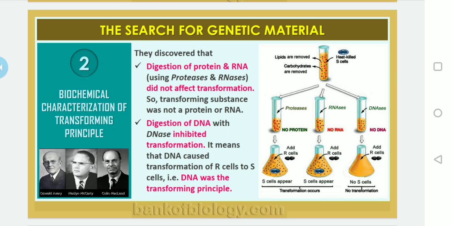So the DNA of the heat-killed S strain is the genetic material, because when the DNA is digested with DNase and mixed with R strains, it is unable to transform R strains to S strains. So these are all the conclusions of this experiment, that is, the biochemical characterization of the transforming principle.